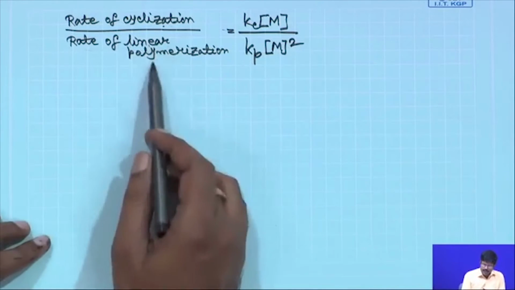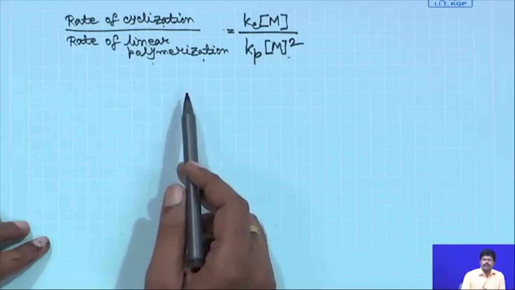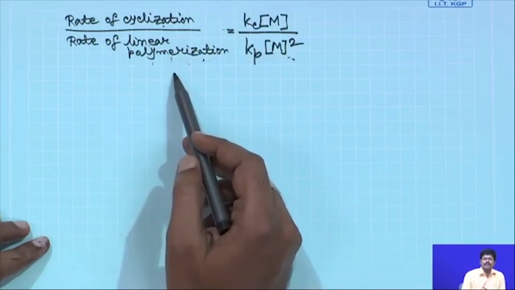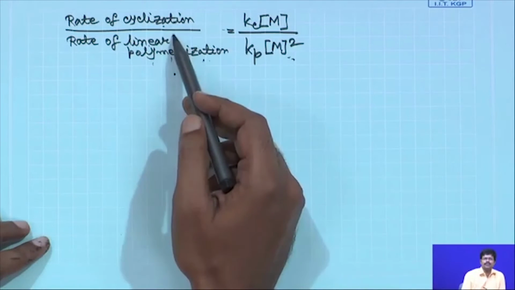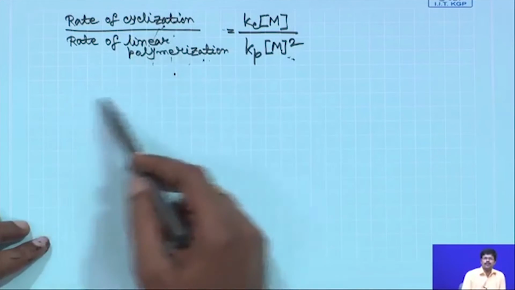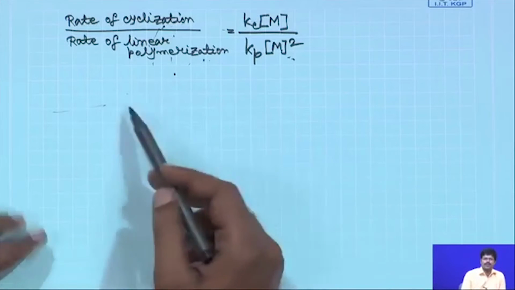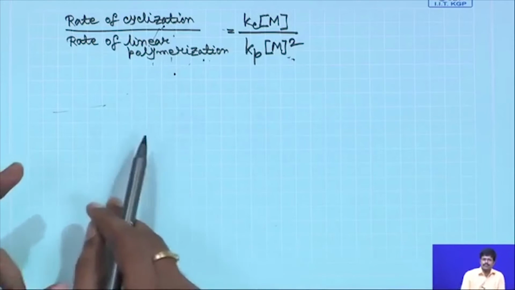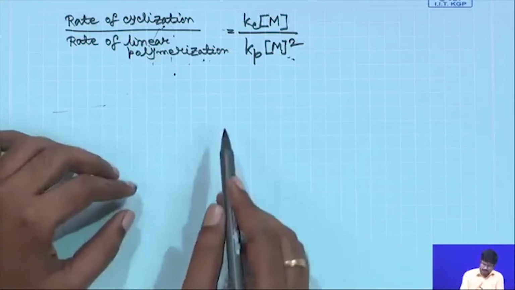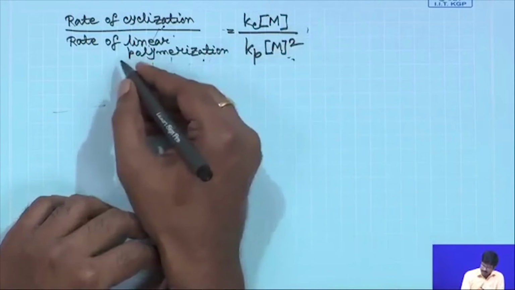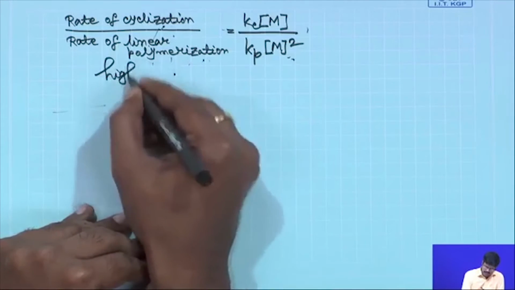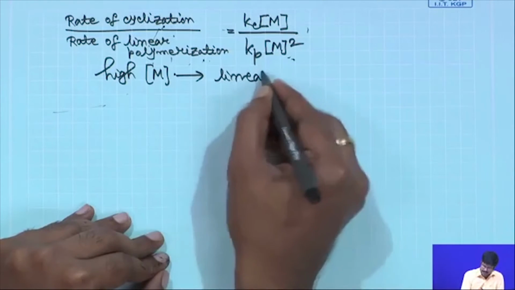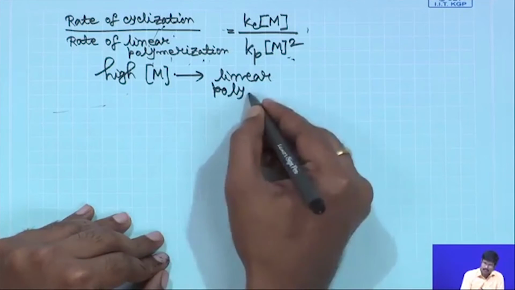Now, this is because cyclization is basically an intramolecular process, and linear polymerization is an intermolecular process. So, in effect if you go to high concentration, then linear polymerization will be favored. If you go to a dilute system, cyclization will be favored, because the different chains will be far from each other and they can cyclize easier, intuitively. So, high concentration favors linear polymerization.